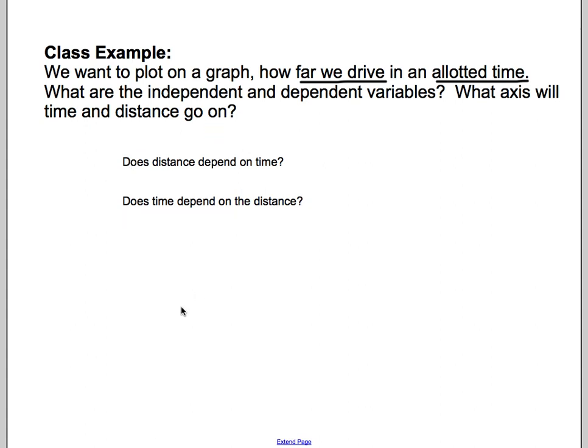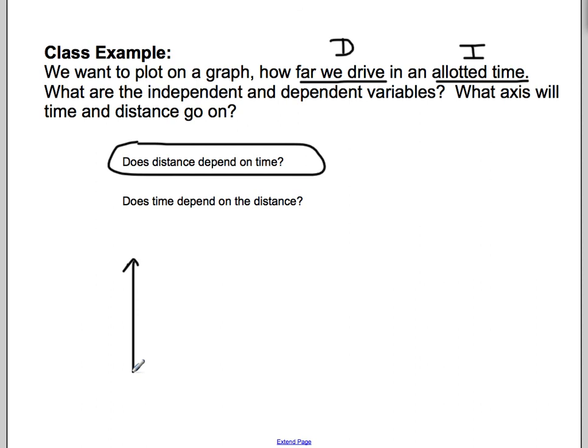The distance that you travel depends on the time that you travel. So distance would be the dependent variable and the time is the independent variable. If I was to plot this, time would go on the horizontal and distance would go on the vertical.